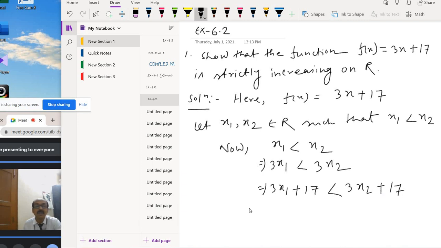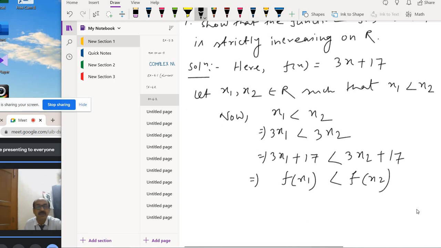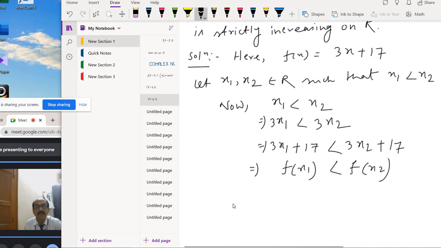Now 3x1 plus 17 is f of x1, less than 3x2 plus 17, that is f of x2. So you get f of x1 less than f of x2 when x1 less than x2.